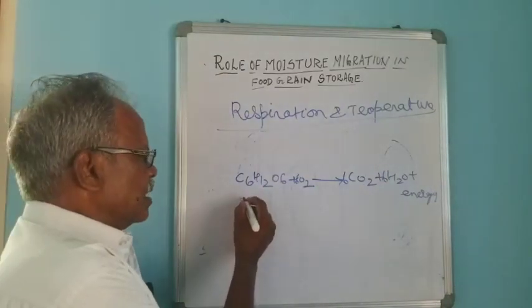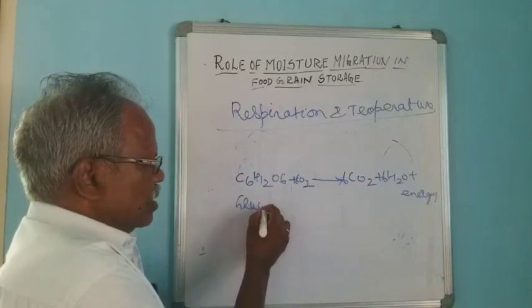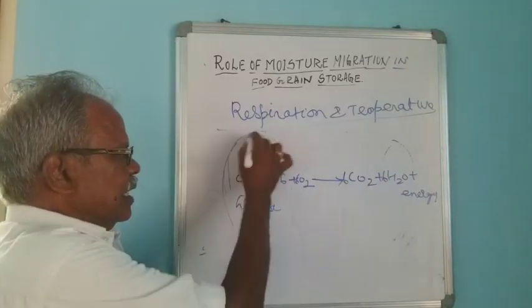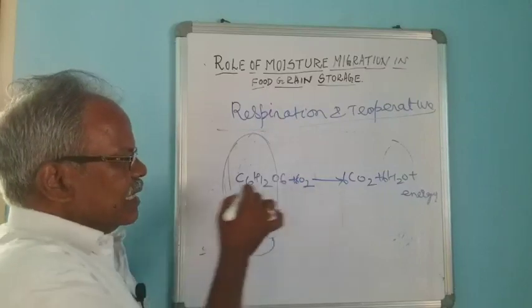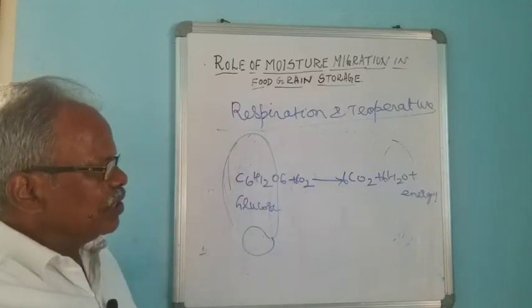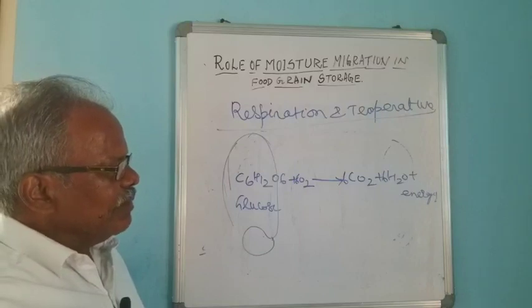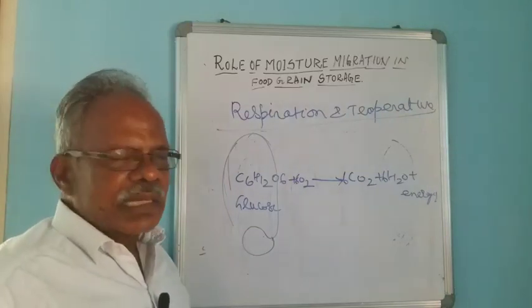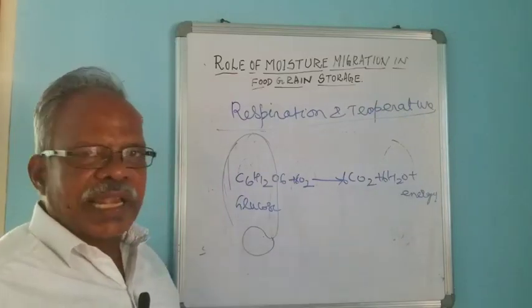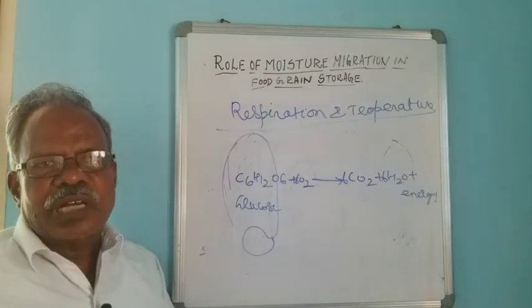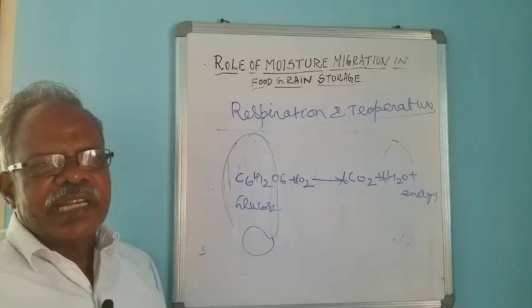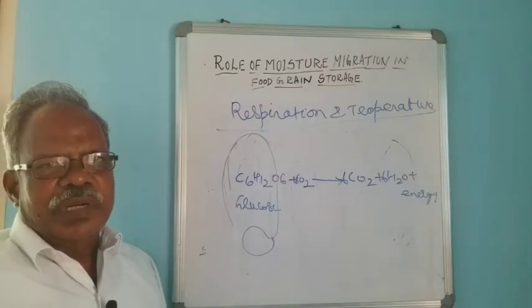This is glucose, which is in the endosperm, and when it combines with oxygen, it forms carbon dioxide, water and energy. The water will be in the form of water vapor. If this water vapor is not aerated properly, that will also cause problems, and the heat energy will also create problems if it is not aerated properly.